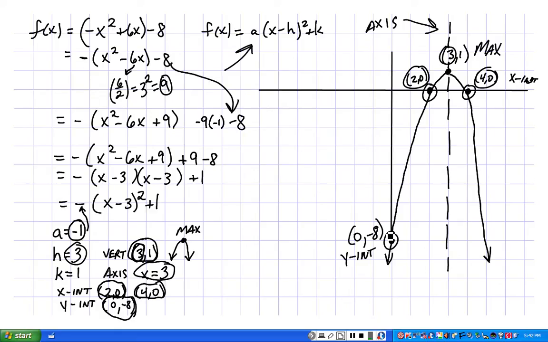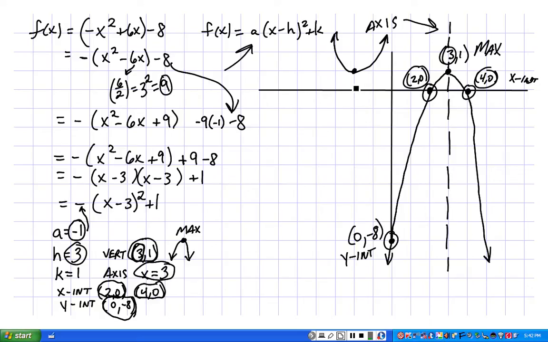Now, quick question. If you had your graph, and let's say we were graphing something that was going to be a parabola going up, and the vertex is above the x-axis.